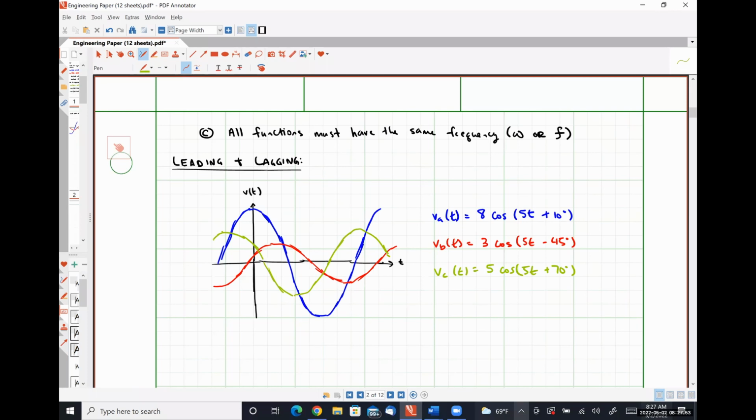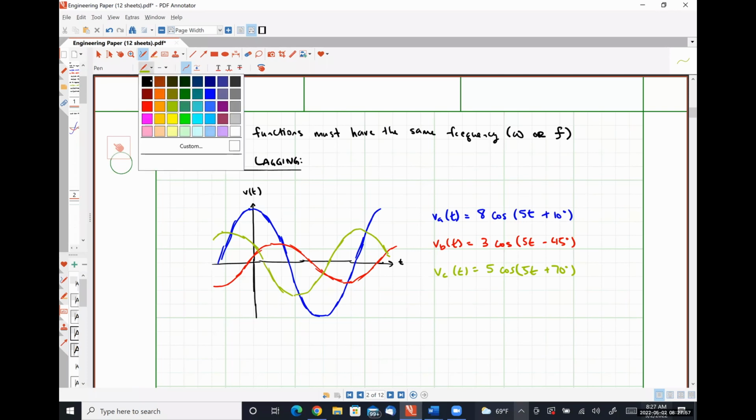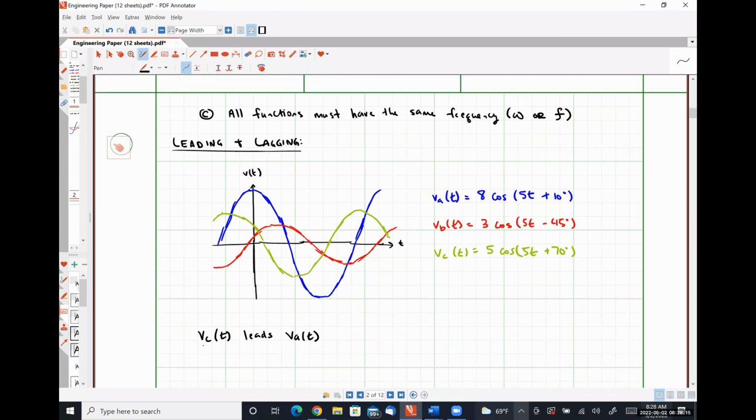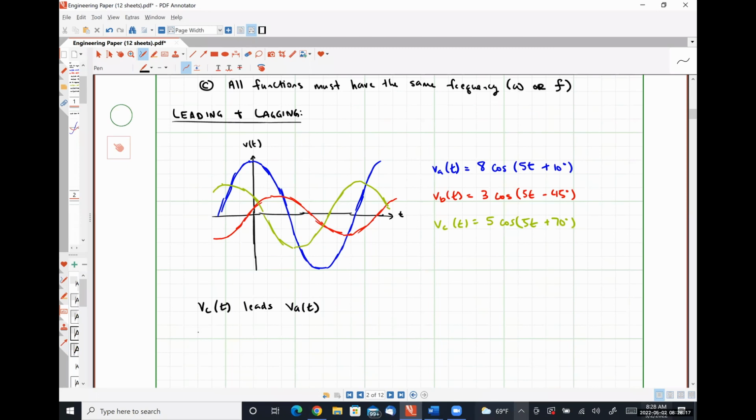So for example, based on this graph, we could easily see that VC of t leads VA of t. VC of t leads VB of t.